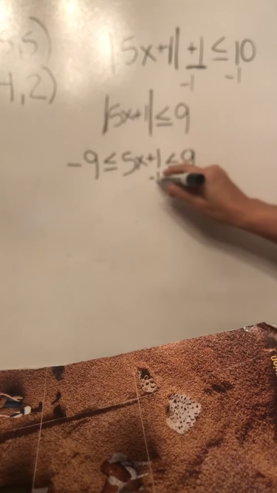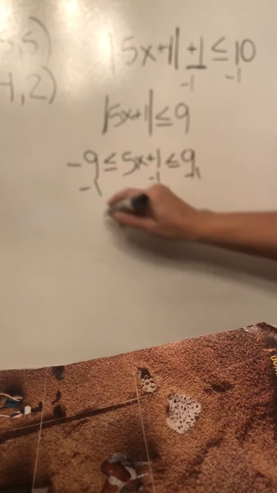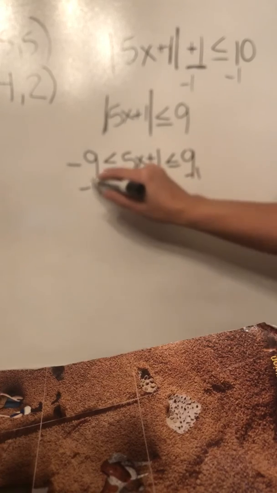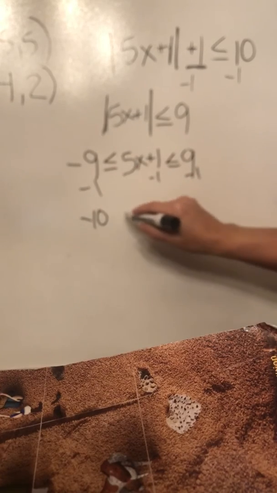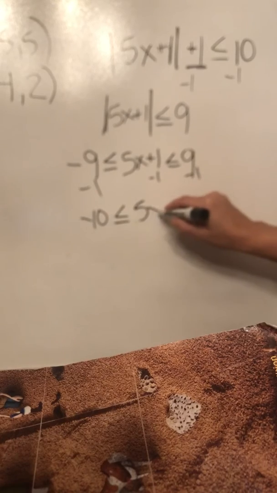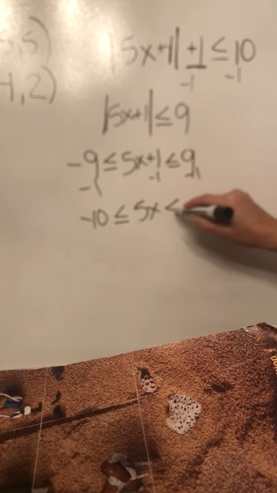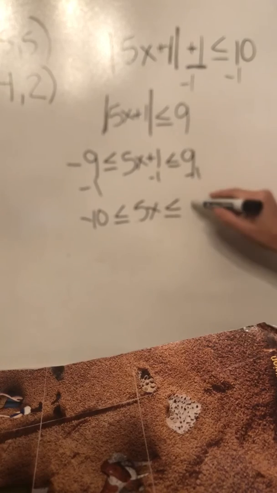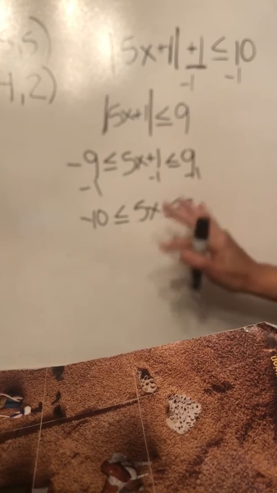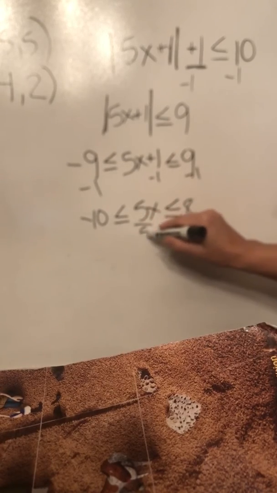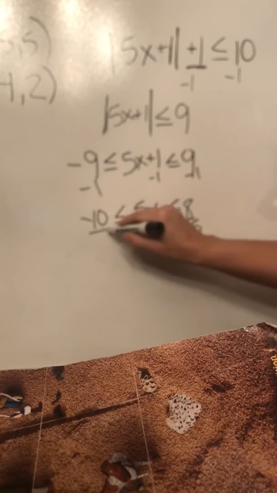Now we're going to solve this inequality. We're going to subtract 1 from all sides. Here we're going to have -10 less than or equal to 5x less than or equal to 9 minus 1, which is 8. Now keep going algebraically, divide by 5 on each side.